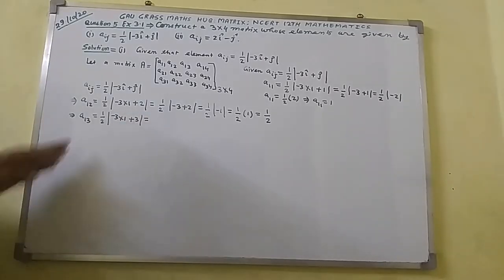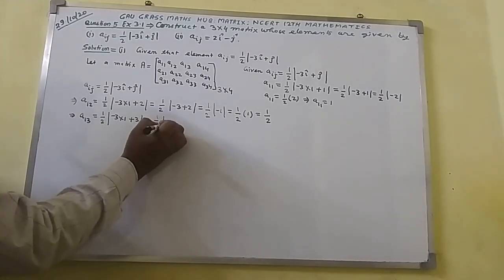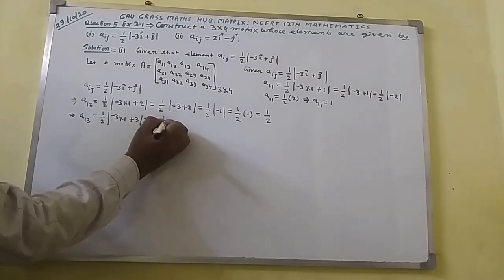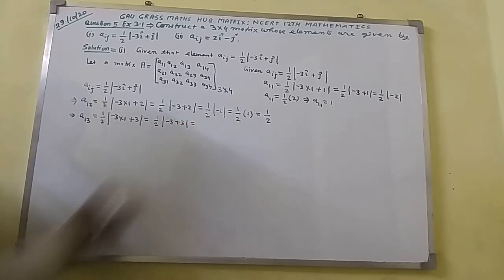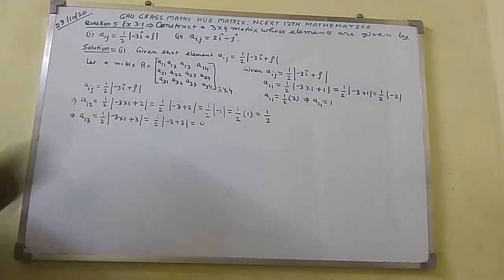Equal to 1 over 2, minus 3 will multiply to 1, you will get minus 3 plus 3, you will get 0. A13 you have got 0.